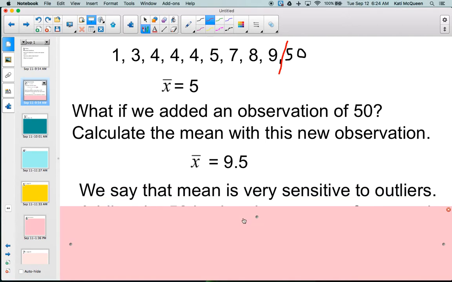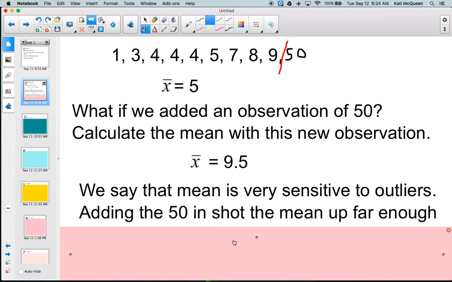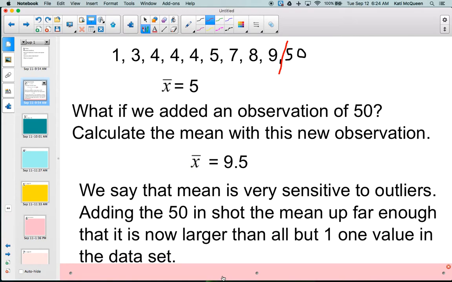So we say that the mean is very sensitive to outliers. That means if I have an outlier in my data set, my mean is going to be way different than if I didn't have that outlier. So that's just what we were talking about. When we add that 50 in, it shot the mean up so far that it's now larger than all but one value in our data set.